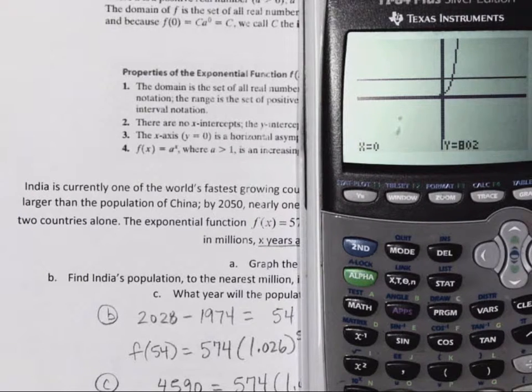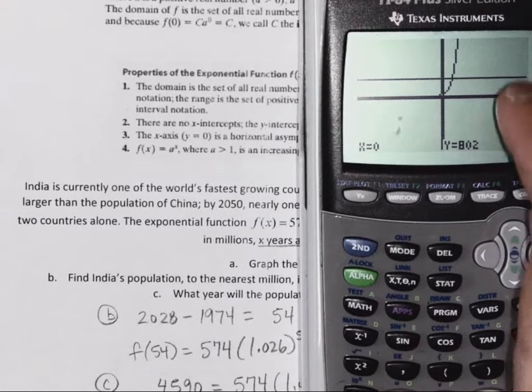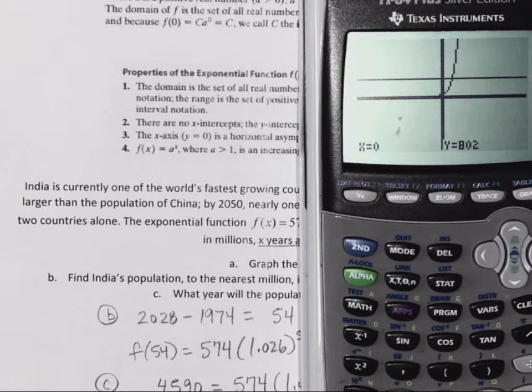Okay. And so the curved line is my exponential function that we started with. This is the line y equals 4,590. So essentially I'm trying to find where those two intersect, or where those two meet is when it is the year in which the population will be 4,590 million.